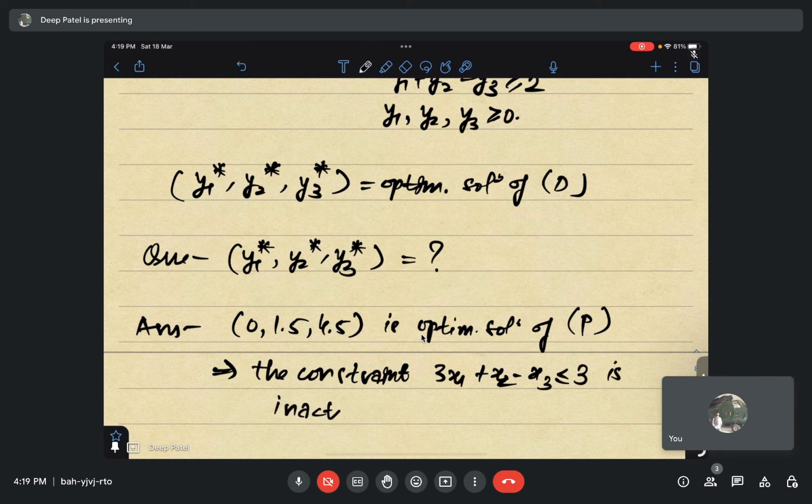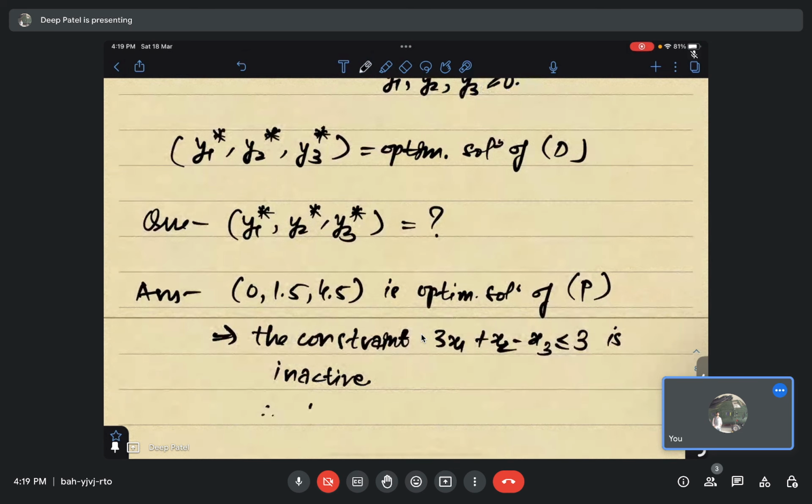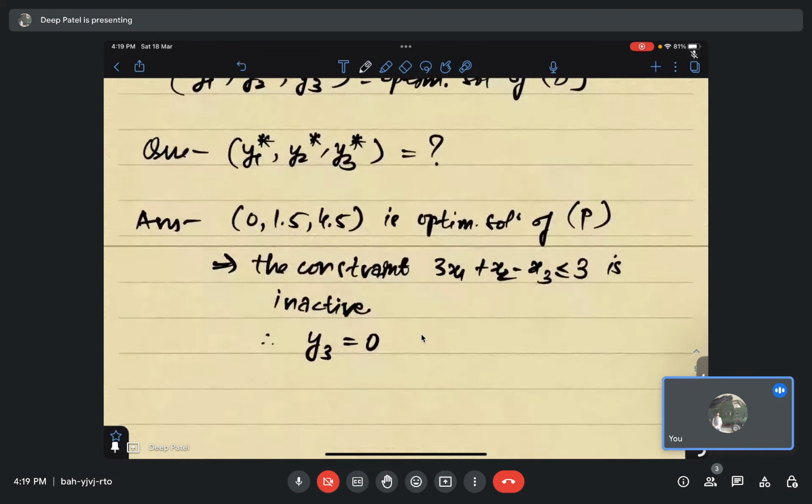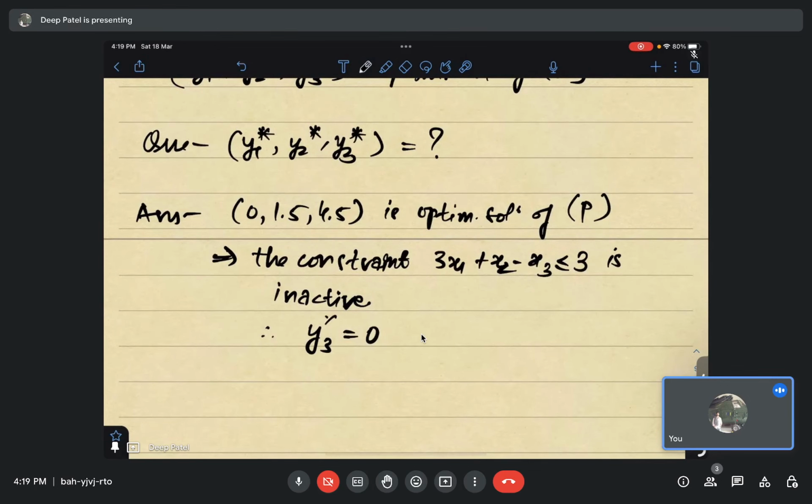Then I know automatically that y3 star is 0. So basically I used the same complementary slackness, only I utilized the information about the optimal solution being available.